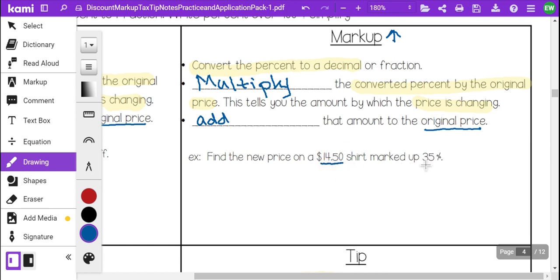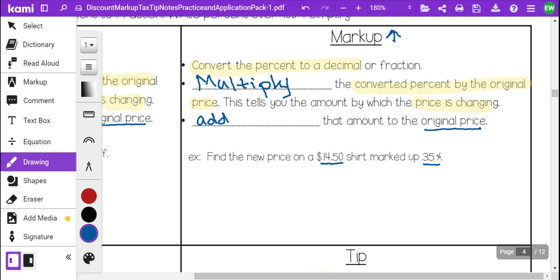That's the original price, marked up at 35%. This would be like if you're working in the store, right? You got to mark up all the shirts because the store needs to make some money. This happens in every place where customers come to buy something, a markup.